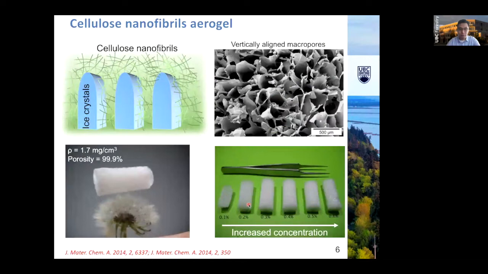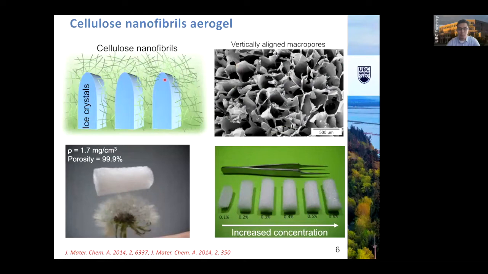Very briefly about the aerogel: nanocellulose aerogel has been researched for over a decade. I think the first aerogel paper about nanocellulose probably came out in the early 2010s. Here we use the ice crystal templating method to assemble those cellulose nanofibers into a honeycomb structure.